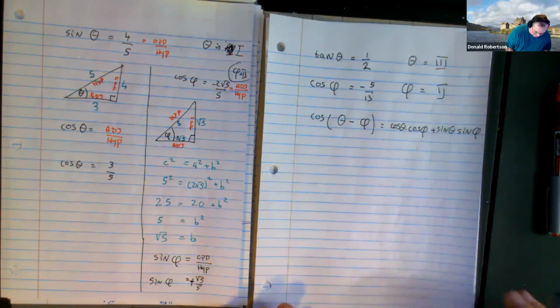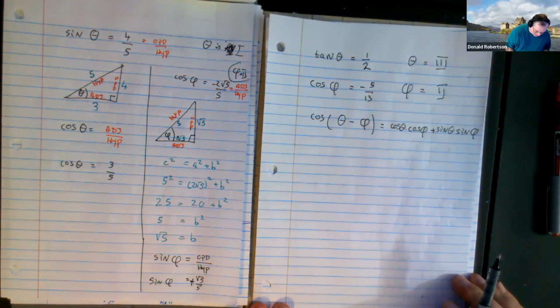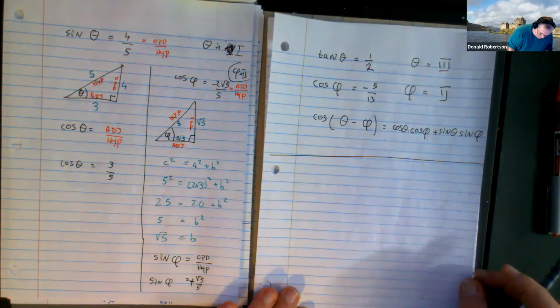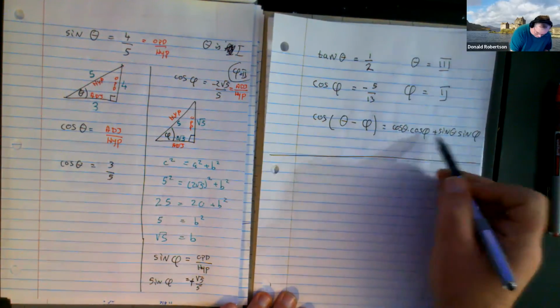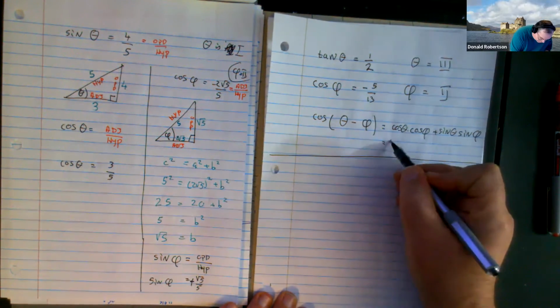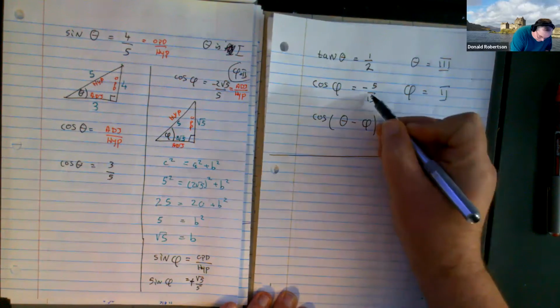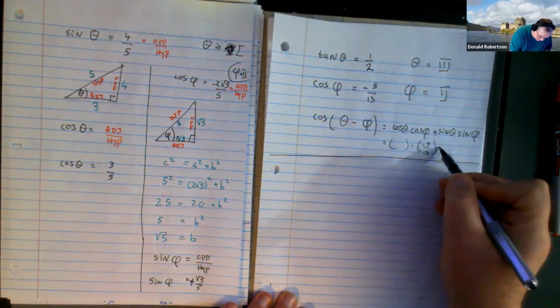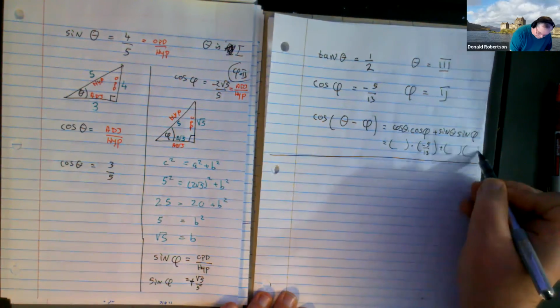Hopefully you can catch up if you didn't quite get there. So what we're trying to do is see how many of these values we've got. Really, you don't have very much to work with right now. You don't know what that one is. You do know that this one is -5/13ths, and you don't know either of those two yet.